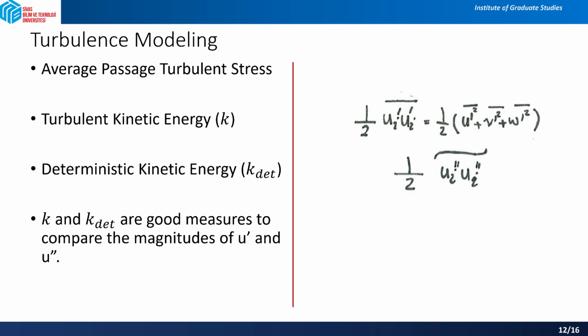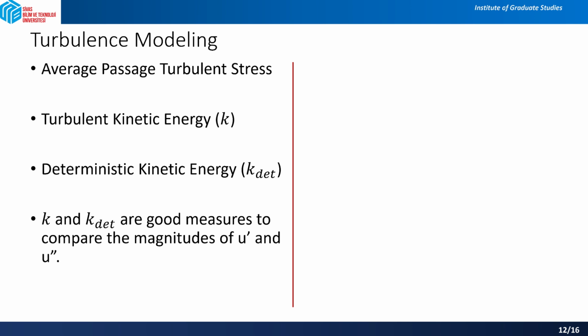These two, K and K deterministic, are good measures to compare the magnitude of u prime and u double prime. u prime is your turbulent fluctuation. u double prime is deterministic fluctuation. So please keep these in mind. These are important for us.